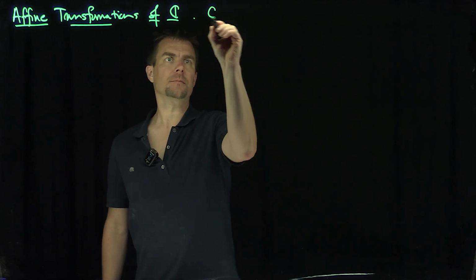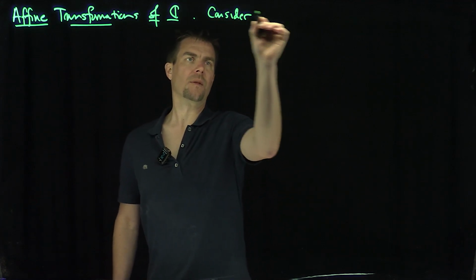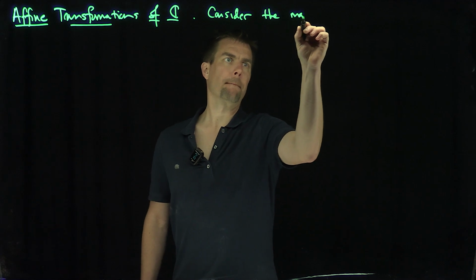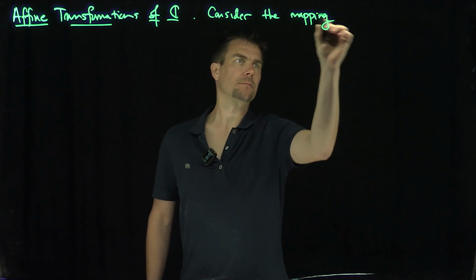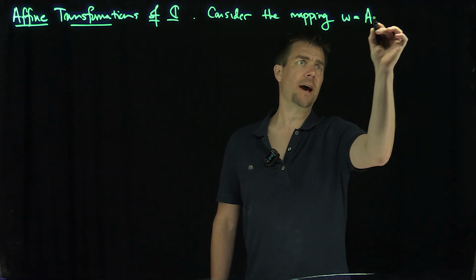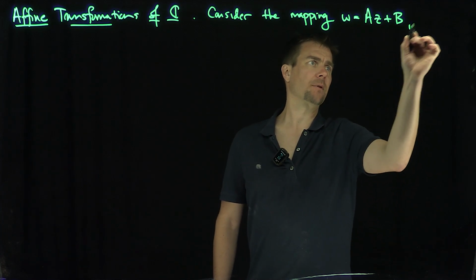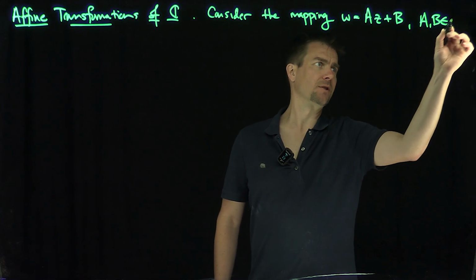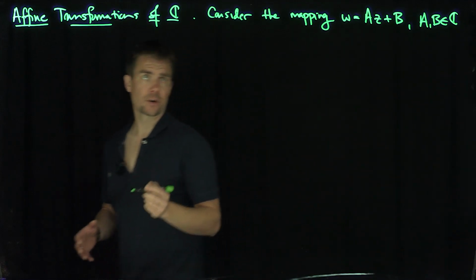So let's consider the mapping W equals A Z plus B, where here A and B are complex numbers. These mappings are called affine.